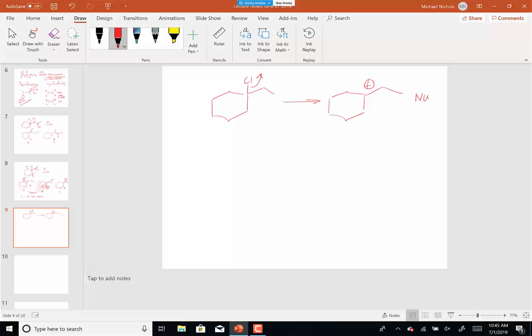Does the nucleophile come in and add to the carbocation before the beta hydrogens get lost?